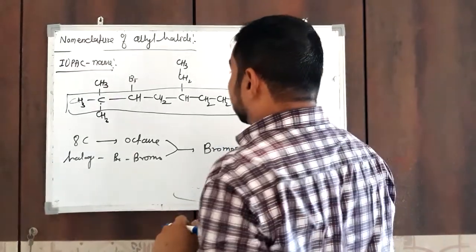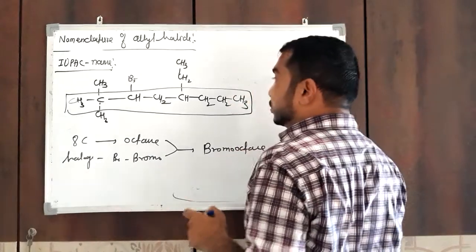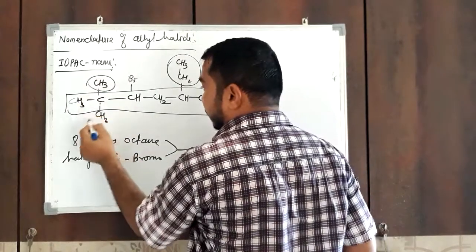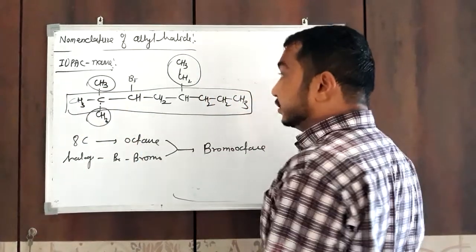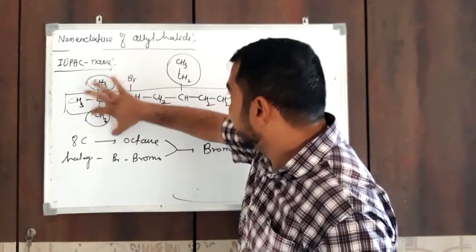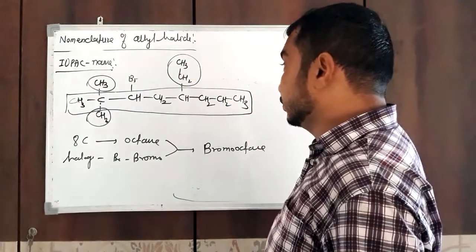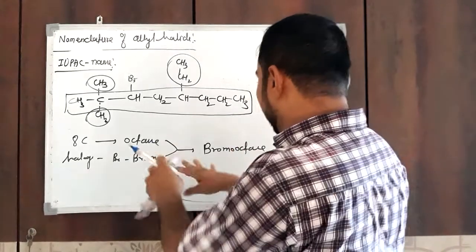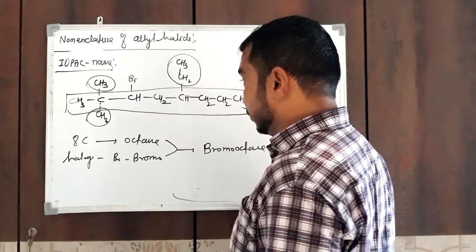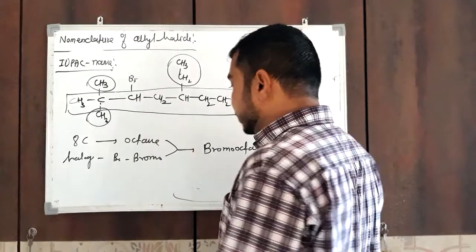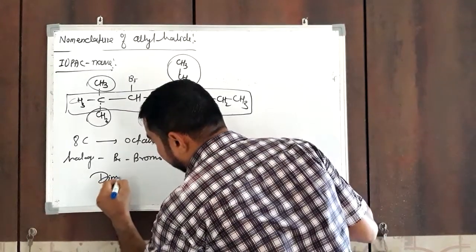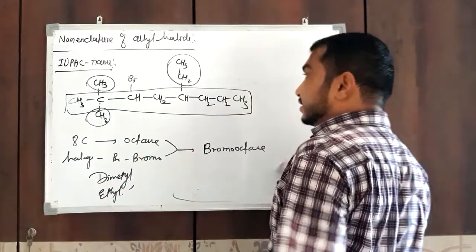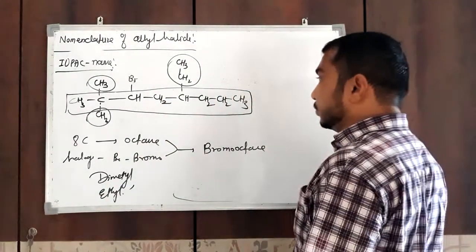Then identify the substituents here, here and here. How many substituents are present? 3: methyl, methyl, ethyl. So 2 methyl groups and 1 ethyl group. We have to attach their names before the name of bromooctane. 2 methyl groups means dimethyl, then ethyl. We also have to attach their positions.